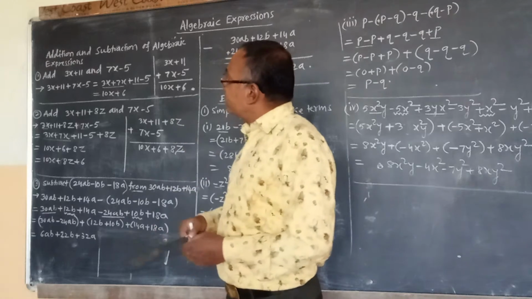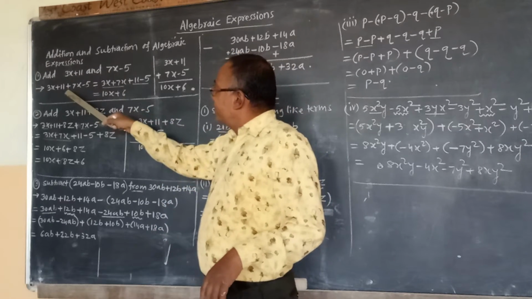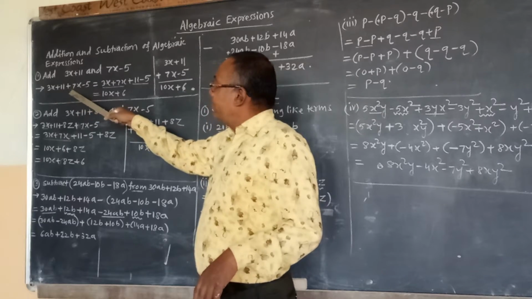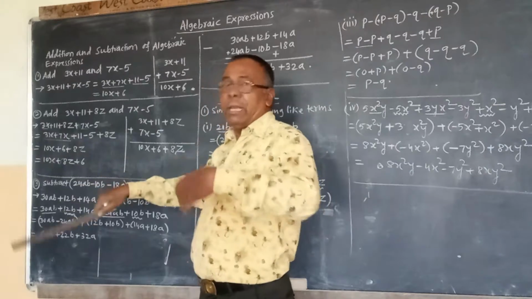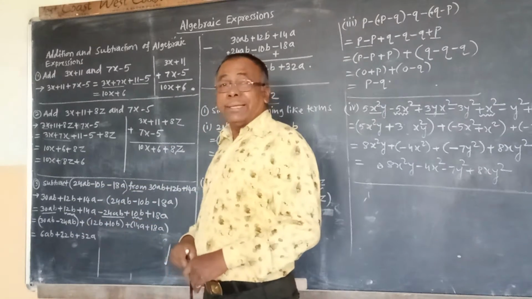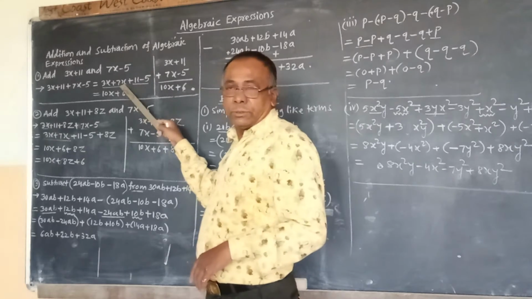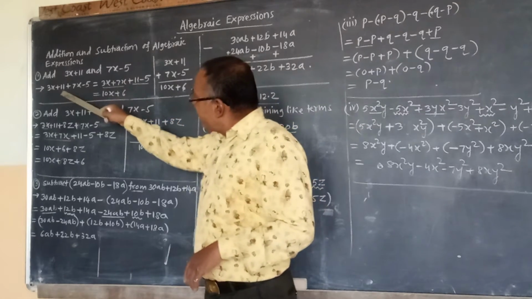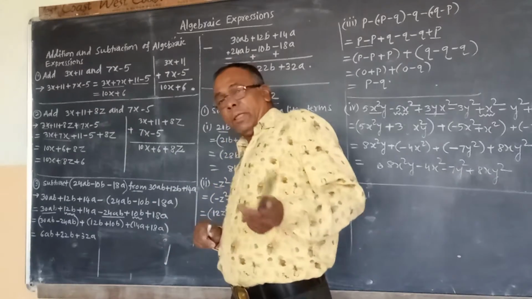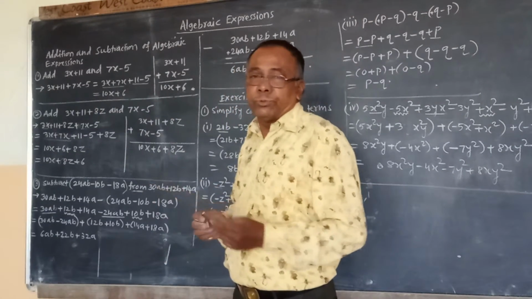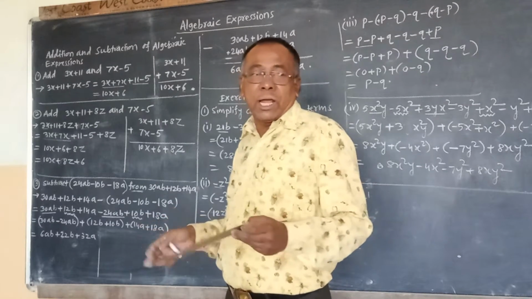So we will first collect 3x and 7x, that is 3x plus 7x, plus 11 minus 5. Now for the addition of the like terms we must understand whether their signs are like or unlike.